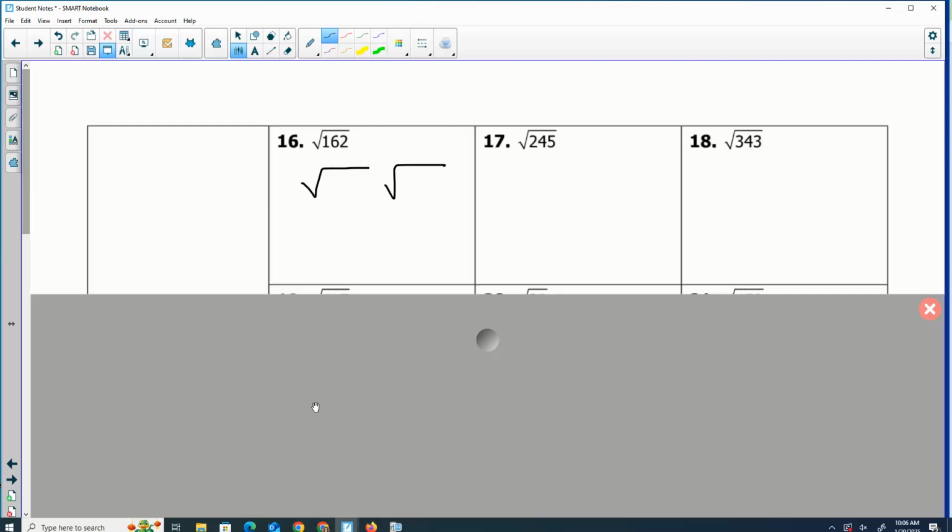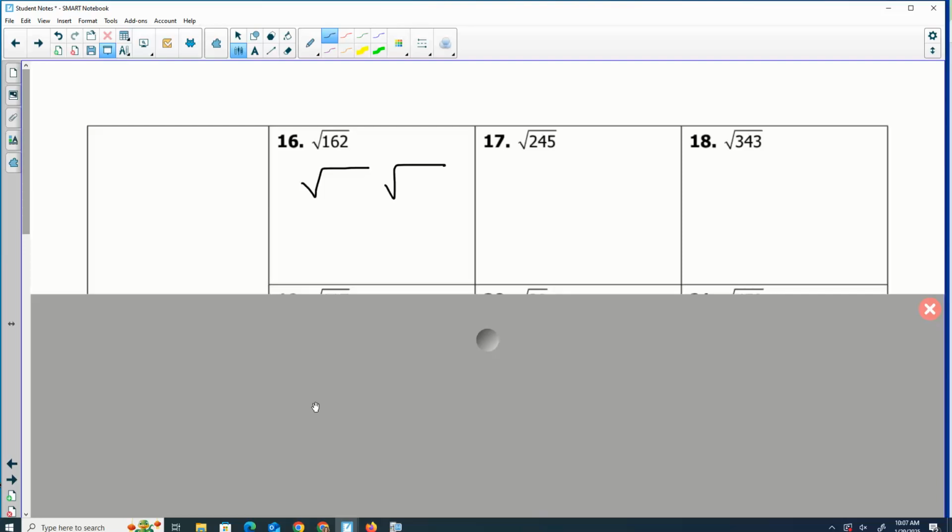Can anyone find a perfect square to divide this? 9 works, and 81 works.